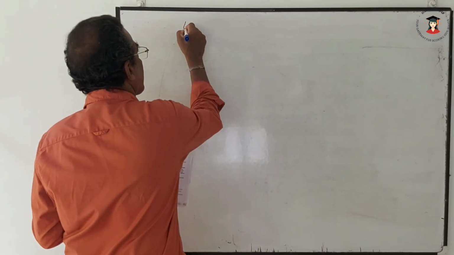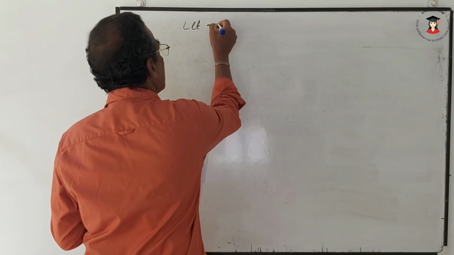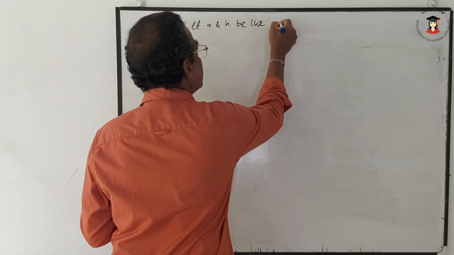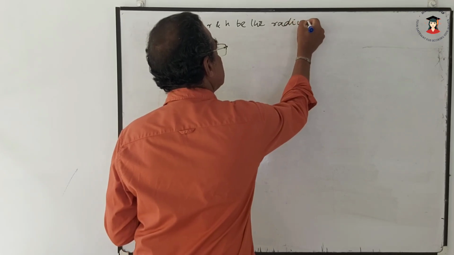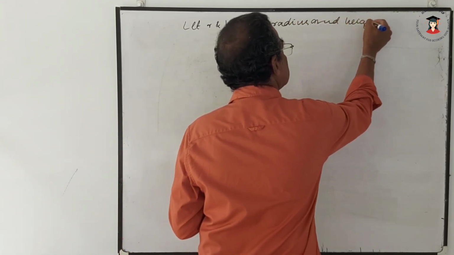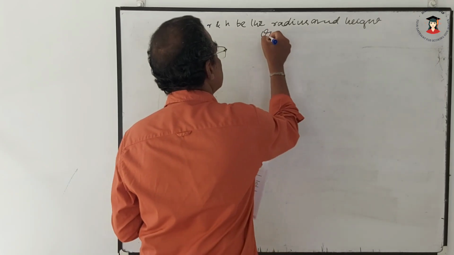Let r and h be the radius and height of the cylinder.